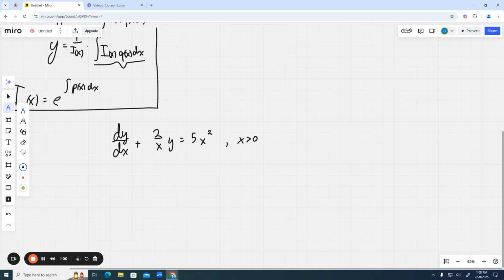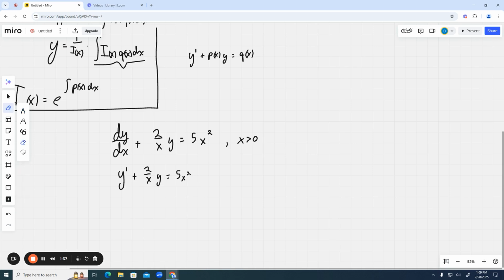So previously when I derived the integrating factor, we wanted to get the equation to be monic, in the form y prime plus p of x y equals q of x. And that's what we have here. I'll go ahead and rewrite this dy/dx as y prime plus 2 over x y equal to 5x squared.